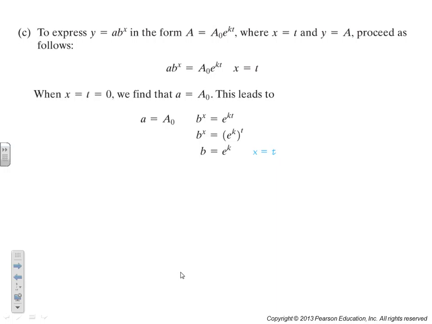So if we raise e to the k to the t power, then we see that b to the x equals e to the kt. And we just look at the bases here. Base b is equal to base e to the k, since x is equal to t.